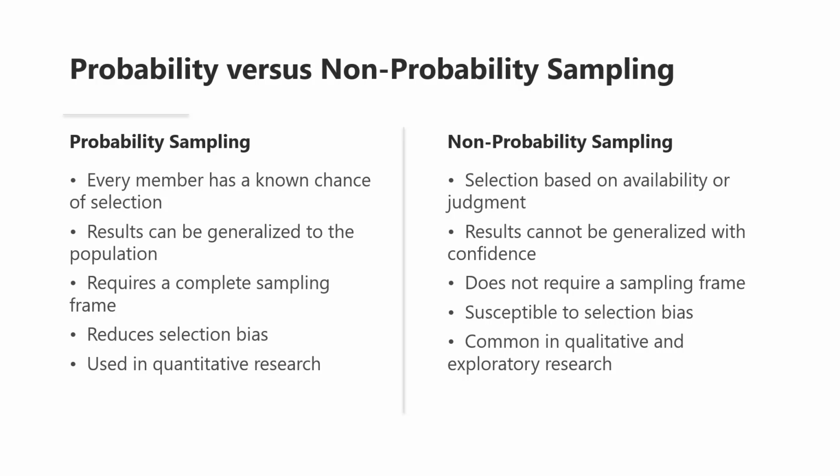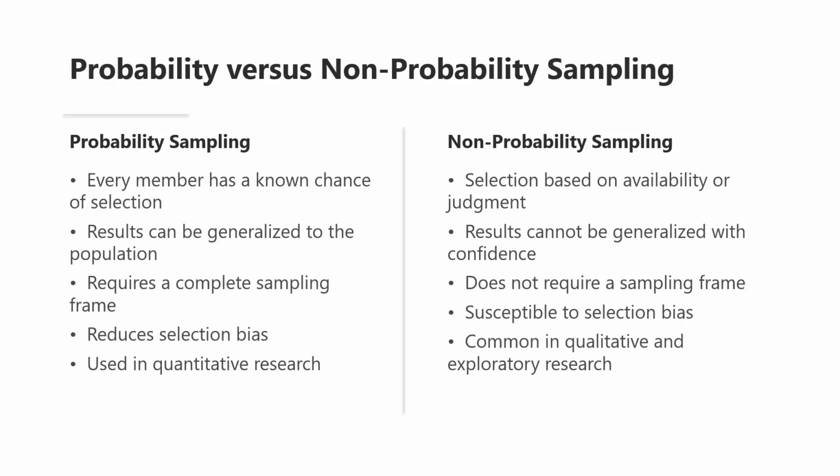In non-probability sampling, selection is based on convenience, judgment, or other non-random criteria. Not every member of the population has a known chance of being selected. This approach does not require a complete sampling frame, which makes it more practical when a complete list of the population is unavailable.